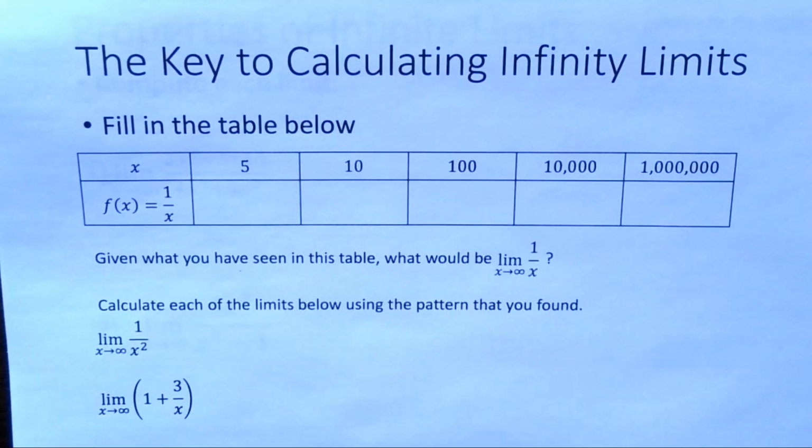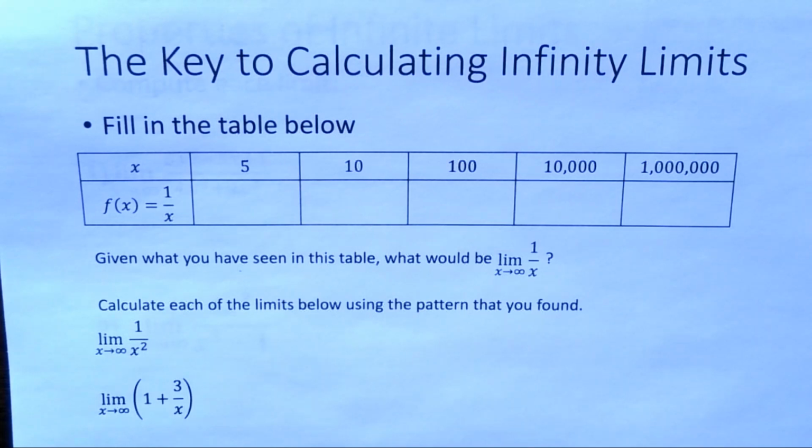So when it comes to calculating infinite limits, a key idea is the limit as x approaches infinity of 1 over x. Because infinity is a really large number, we can think of this as a progression of what happens as a number gets really large with regard to a function.